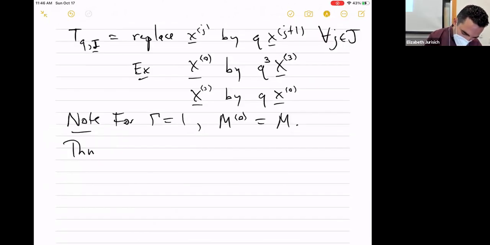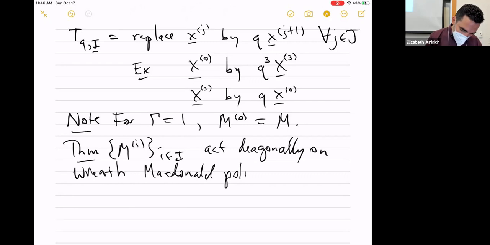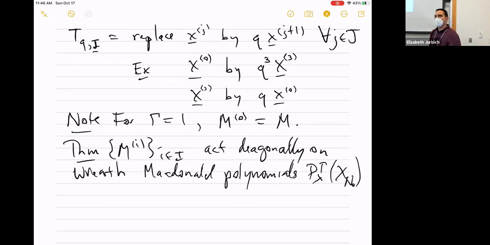Our result says that these M_I, I in I, act diagonally on wreath Macdonald polynomials P_lambda^gamma, if I project them to finitely many variables.